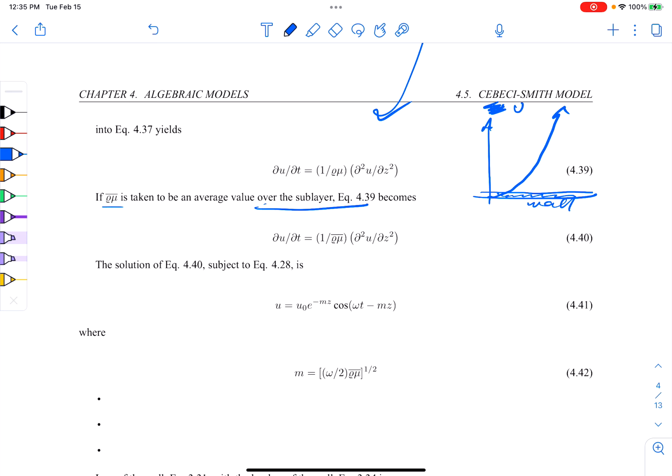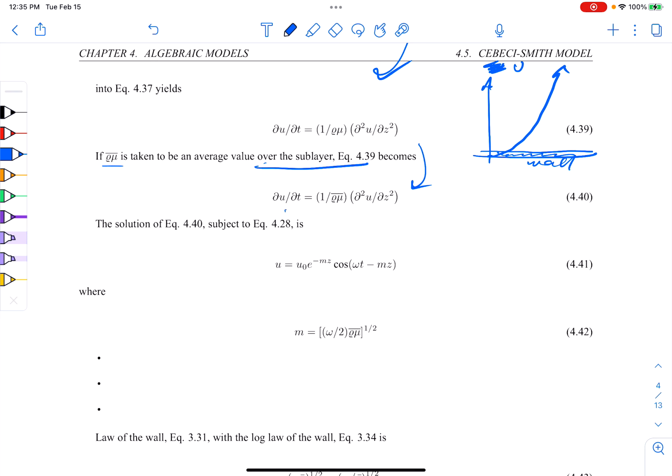Since this model is for shear waves, which might be generated from fluctuations with a stationary wall, it's only applicable very near the wall. So he did this transformation, now he has an average, and there's a solution for this equation, subject to particular boundary conditions, which we listed before, but with the same transformation.